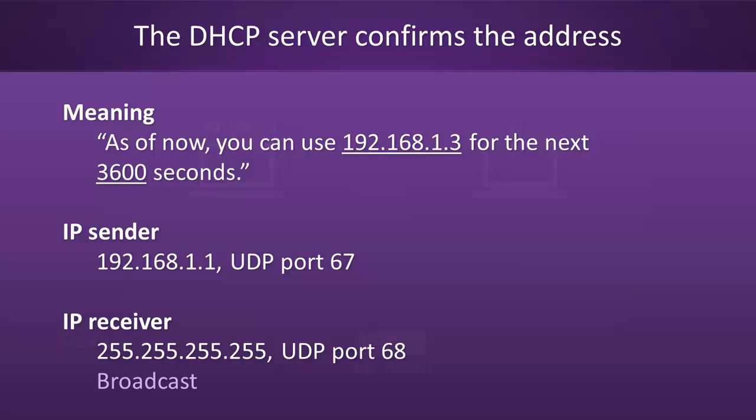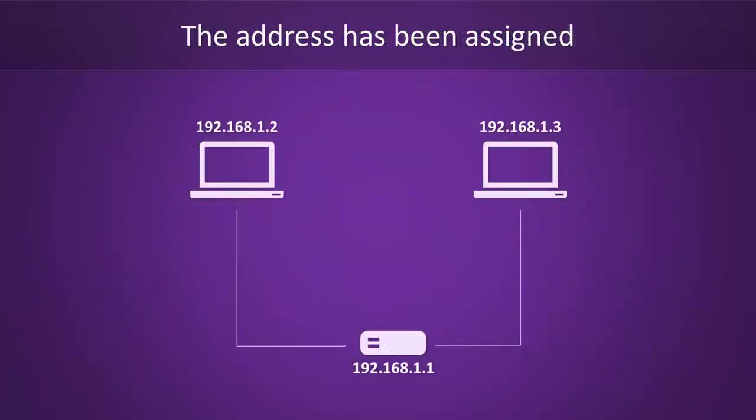As is the case with DHCP offer messages, the server will put its IP address into the sender field and use ports 67 and 68 as the sender and receiver. After the host receives confirmation, the process is complete. Now the host can start using its shiny new IP address.